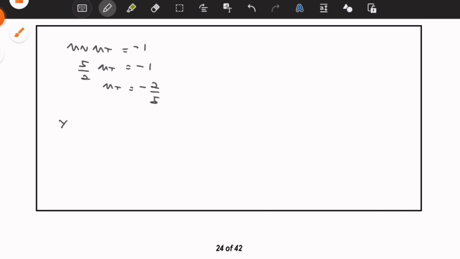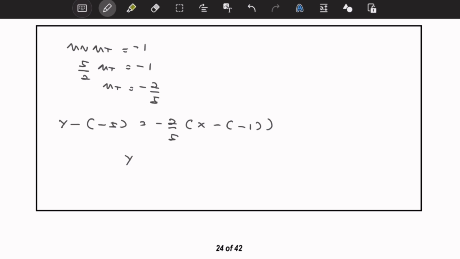So y minus, our y1 is -5, equals -2/5 times (x minus x1), where x1 is -1.